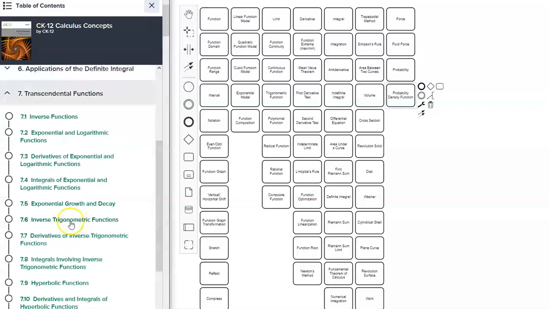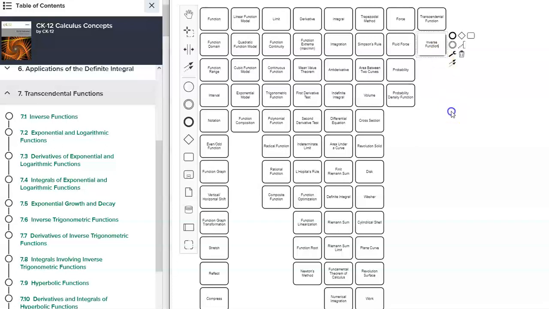Transcendental functions. Ooh, that's a good word. Let's put that up here. Sounds important. Transcendental function. Again, another type of function. Inverse function. Exponential function, logarithmic function.